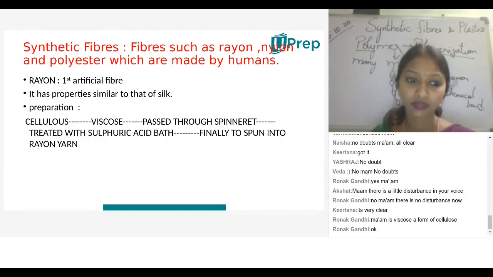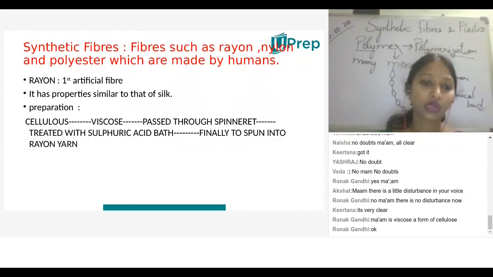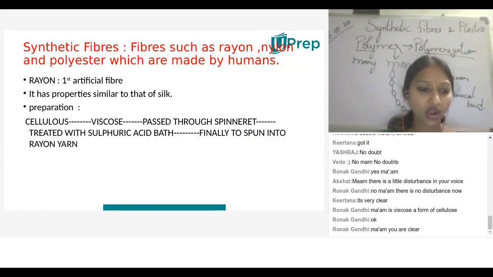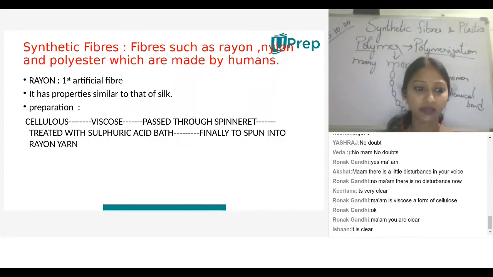I can't hear you properly. What about the remaining children? If the problem is the same for the remaining children, I can log out and log in. If it is only a problem with Akshit, he needs to check. Your voice is clear, ma'am. Before entering the class, I checked all my net issues and everything.